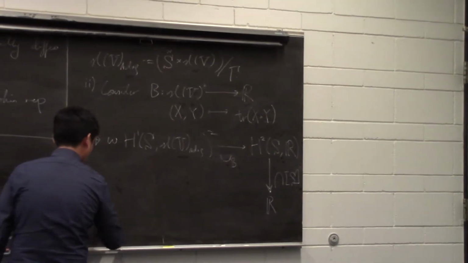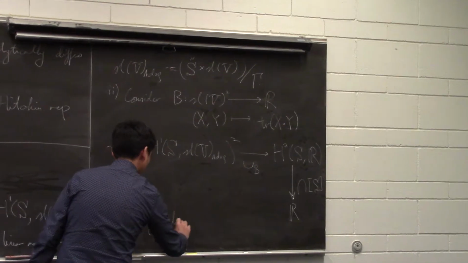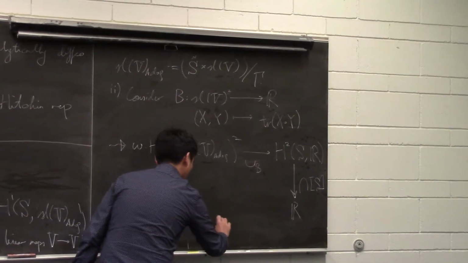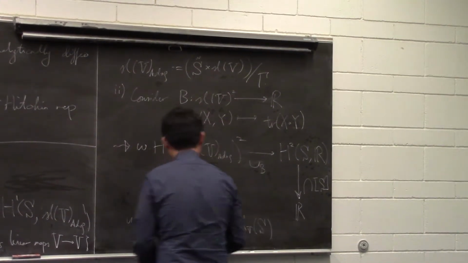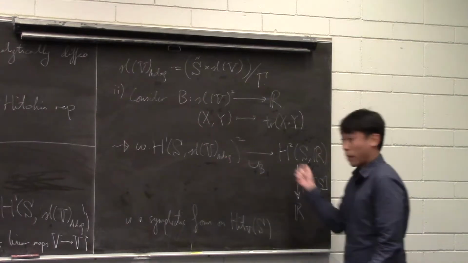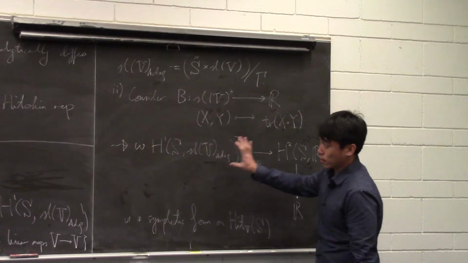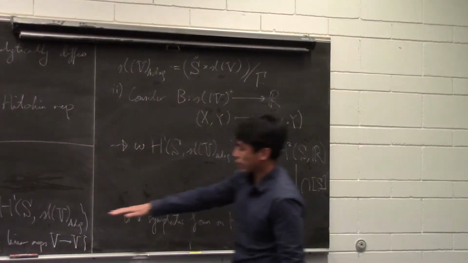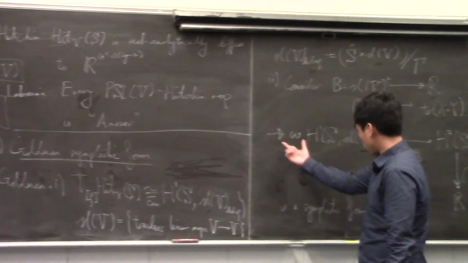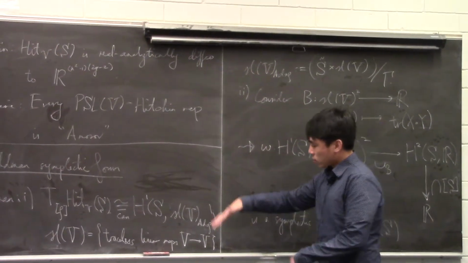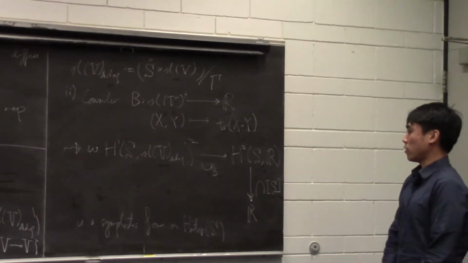The observation of Goldman is that this is a symplectic form on the Hitchin component. A symplectic form here just means that this bilinear pairing is non-degenerate and skew symmetric. If you think of this as a two-form on the Hitchin component, then at every tangent space you construct this bilinear pairing, and this two-form is a closed two-form on the entire manifold, the Hitchin component. That's what Goldman proved.